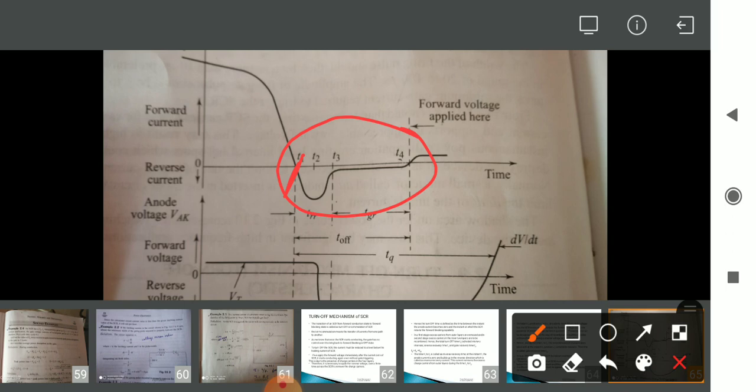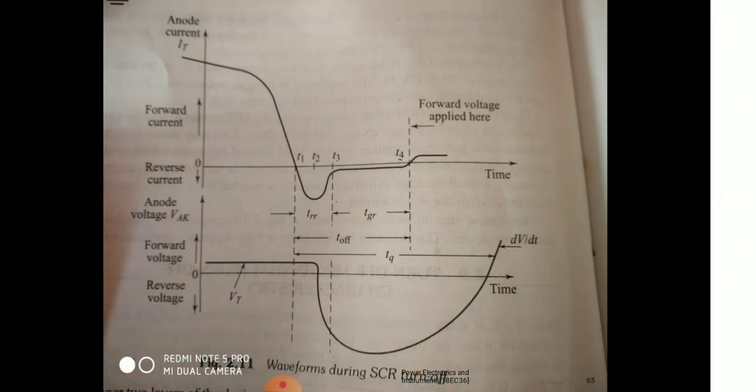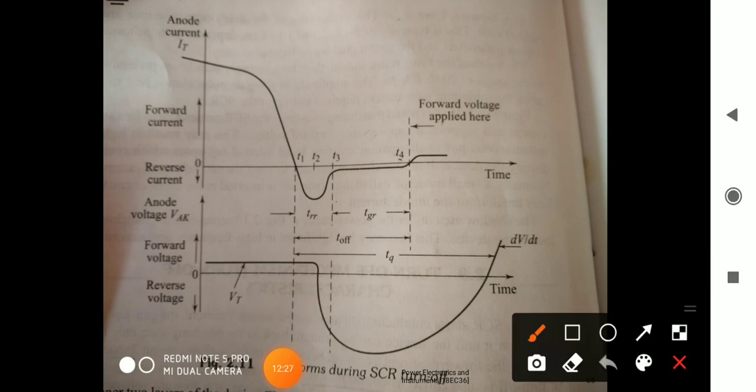So what we can say is, to turn off the conducting SCR, the following conditions must be satisfied. The first one is that the forward current of the SCR must be made 0. That is, here we are making it 0, and we are applying sufficient reverse voltage. You can refer to that in the graph below. A reverse voltage is applied for junction J2 to make the charge carriers present in junction J2 disappear.